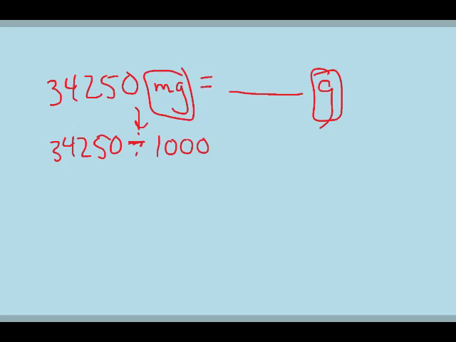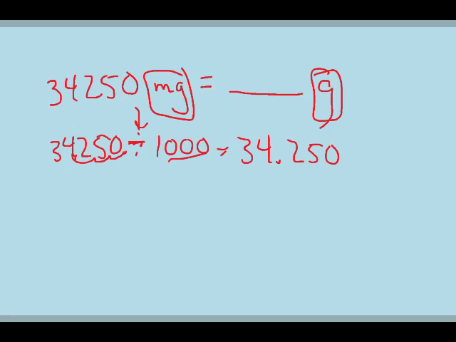Since I'm dividing, now I'm going to go to the left 3 times. Remember, if there's no decimal there, I'm going to put it right after the last number. Whoop, whoop, whoop. Whoop, a little far on my last whoop there. So we're going to get 34.250 for that one.